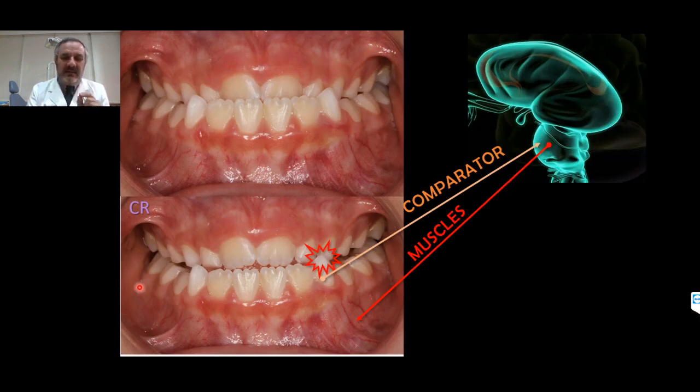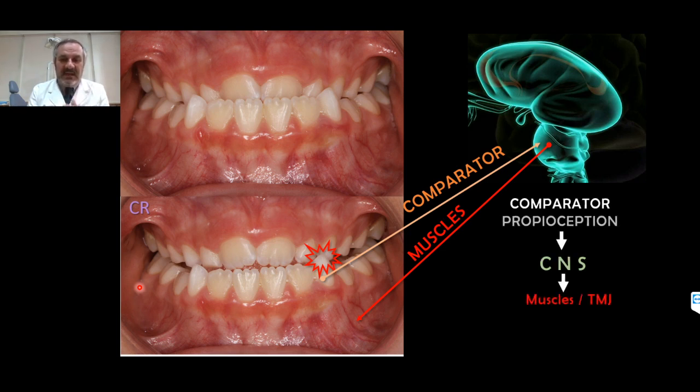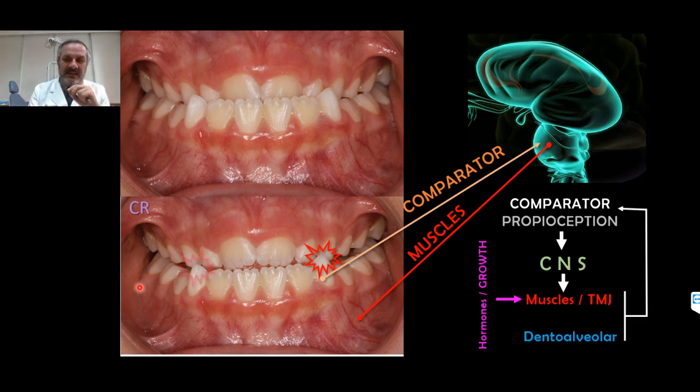The patient is analyzed with the peripheric comparator according to Petrovic. Contact at the canine and the premolars produces a forward functional movement of the mandible, and the muscle produces a change at the level of the central nervous system. It changes the TMJ, the hormones, and the growth, and it's possible to change the dentoalveolar compensation.